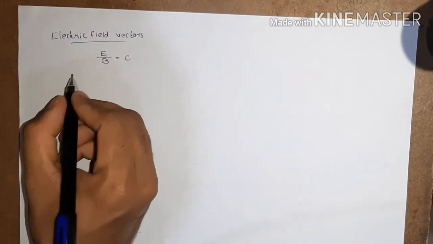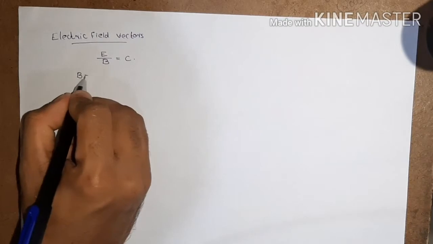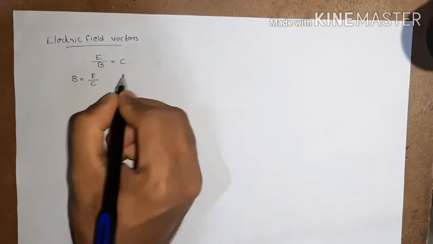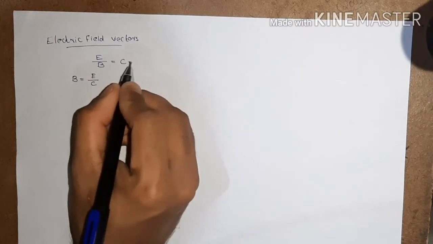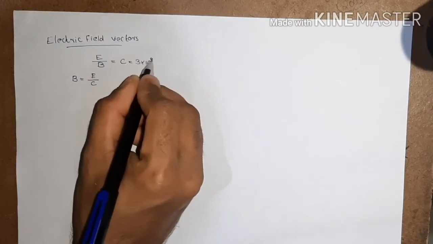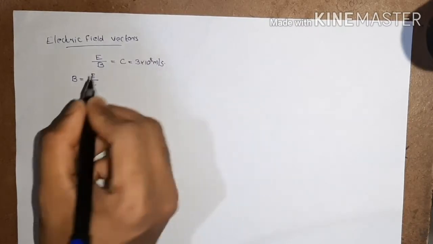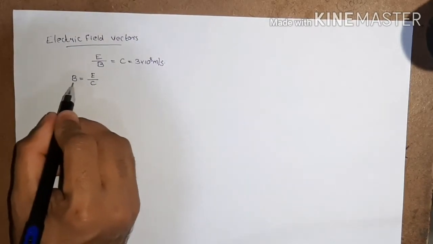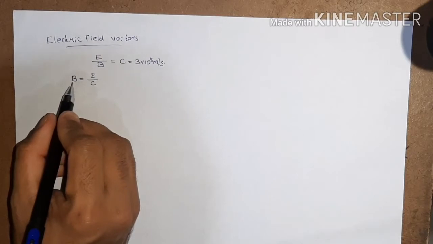So we can write the magnetic field intensity B is equal to E divided by c, and we know c is equal to 3 into 10 power 8 meter per second. So the magnitude of the magnetic field vector will be very much lower.